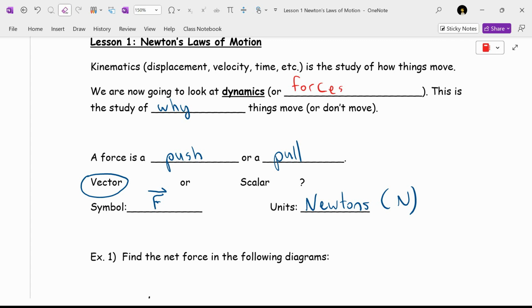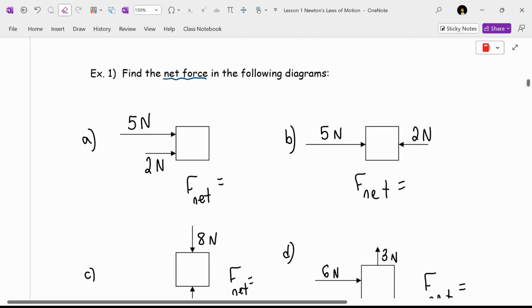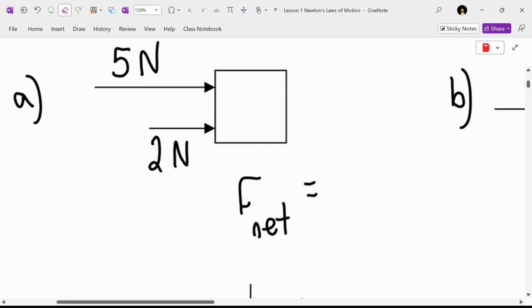One of the concepts we're going to be talking a lot about is what we call the net force. The net force is the vector sum of all of the forces acting on an object. It's the total. So don't overcomplicate this. If I'm pushing with 5 newtons to the right and 2 newtons to the right, if I wanted to replace that with one single force, what force would that be?